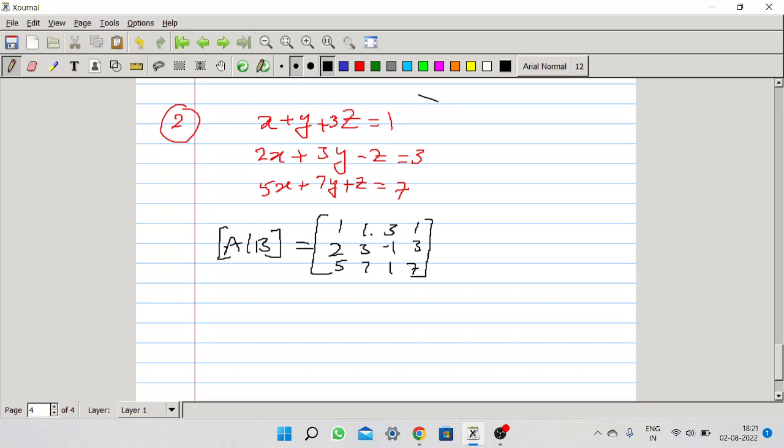Firstly we will convert the matrix into row echelon form. So I'm making these three elements into zeros. Firstly I will do this 5, then 2 and 7.